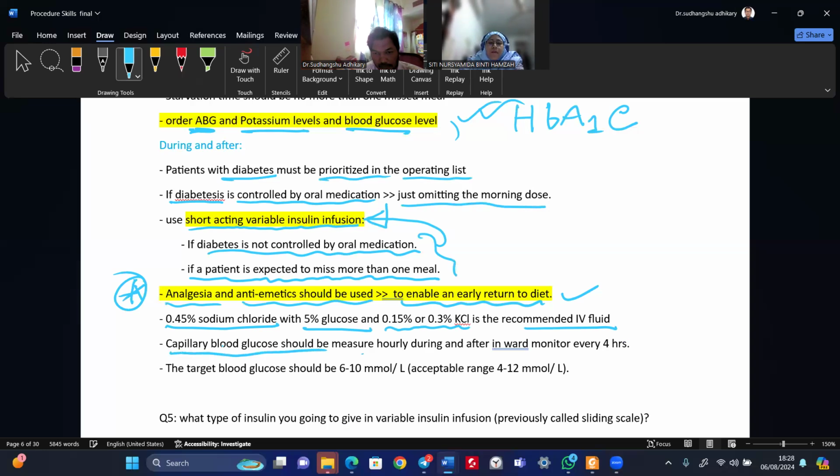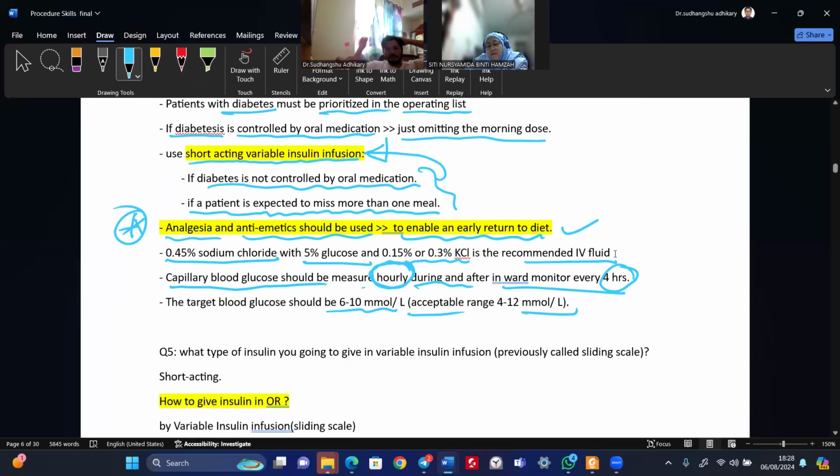Capillary blood glucose should be measured hourly during and after in the ward, monitor every 4 hours. The target blood glucose should be 6 to 10 millimole per liter. So the fluid is half saline plus 5% glucose plus potassium chloride, 0.15% or 0.3%, given to the patient.